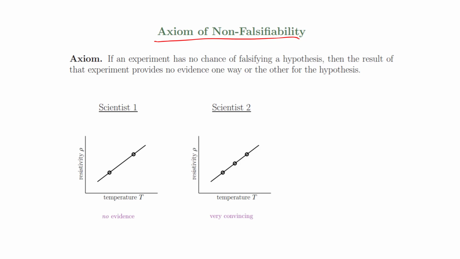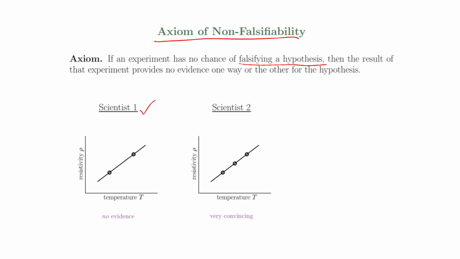So basically what it says is if an experiment has no chance of falsifying a hypothesis, which was this scientist's case, then the result of that experiment provides no evidence one way or the other for the hypothesis. If you run an experiment to test a hypothesis, then your experiment must have the chance to falsify your hypothesis in order for your experiment to be worth anything.